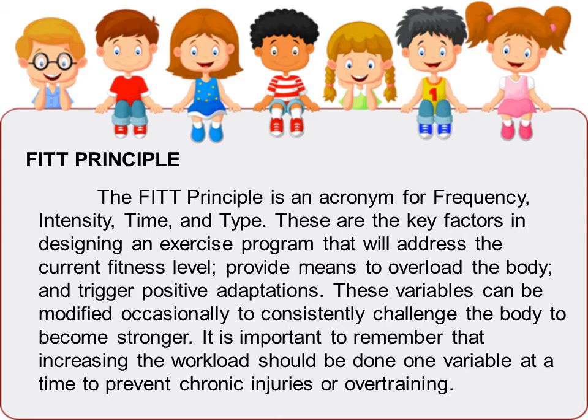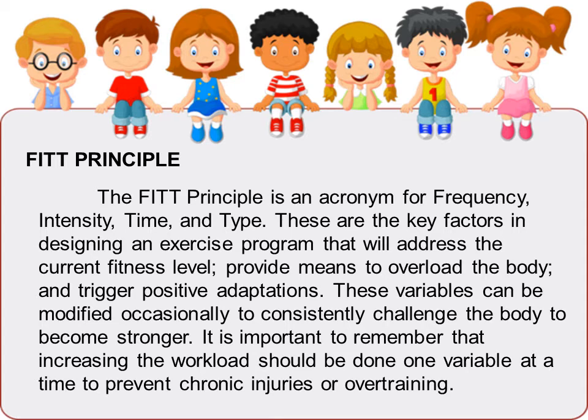Now let's proceed to the fifth principle. So the fifth principle is an acronym for frequency, intensity, time, and type. So these are the key factors in designing an exercise program that will address the current fitness level. They provide means to overload the body and trigger positive adaptations. So these variables can be modified occasionally to consistently challenge the body to become stronger.